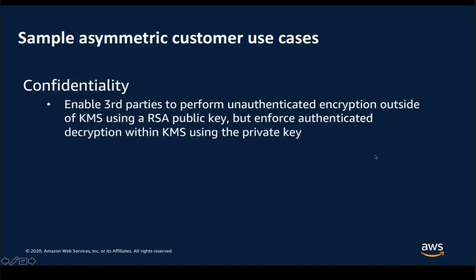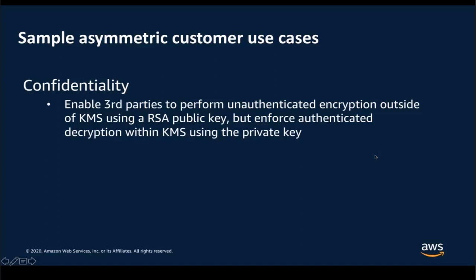One, what asymmetric key pairs will allow you to do is maintain confidentiality. The way to do that is now that you have the public keys that you create using the AWS KMS service, you download the public key, you share that public key with third parties.